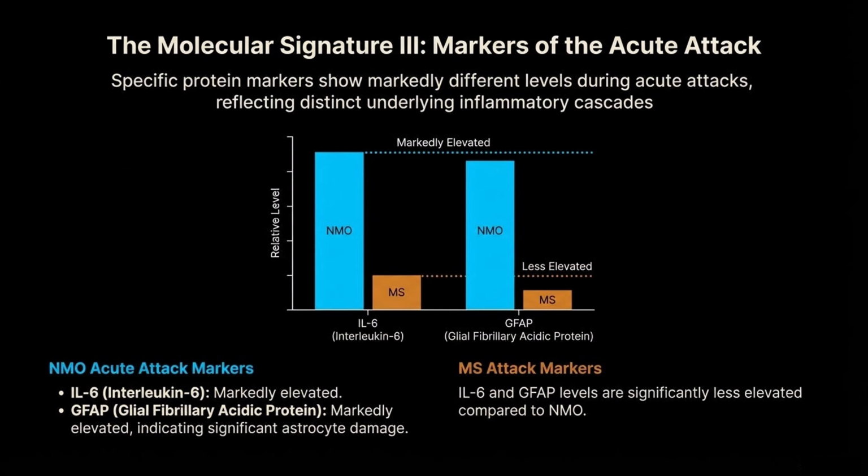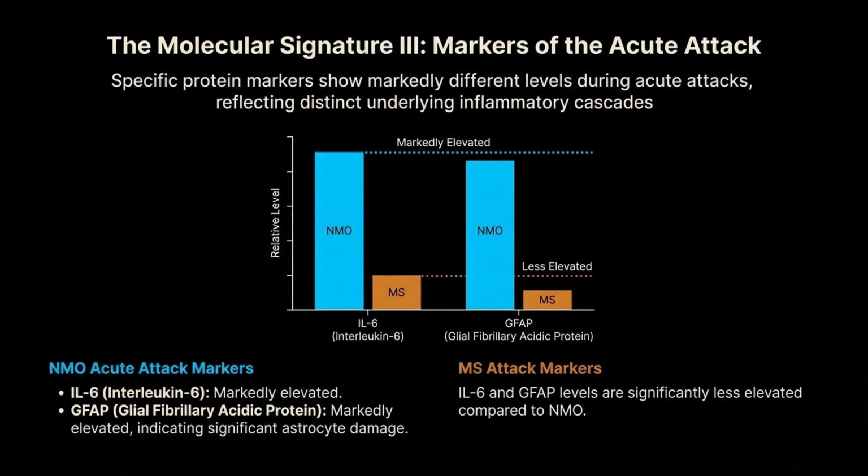In NMO, represented by the blue bars, we see that during an acute attack, both IL-6 and GFA are markedly elevated. The high level of GFA is particularly significant because it indicates substantial damage to astrocytes, which are the primary targets in NMO.